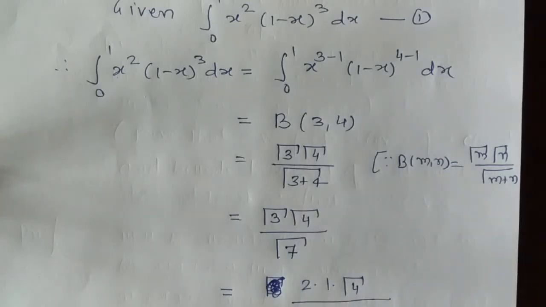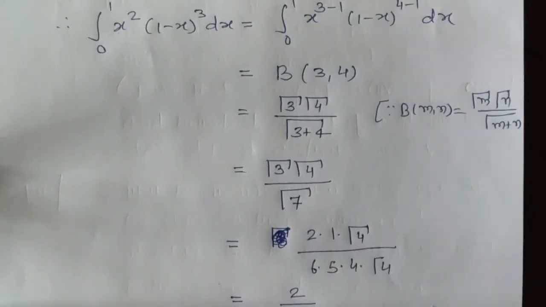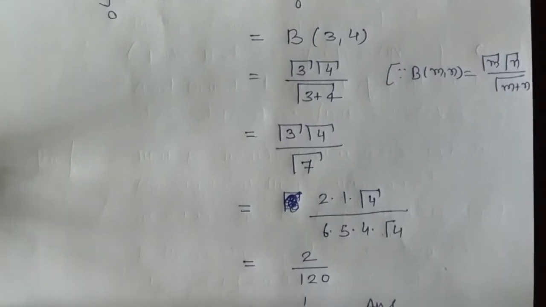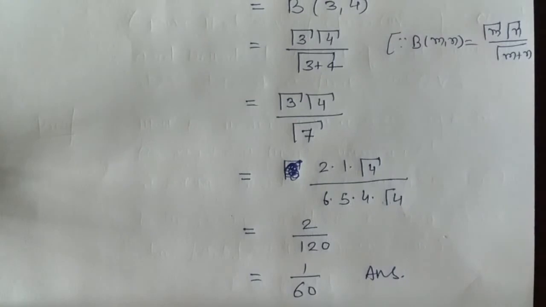Gamma 4 we write as it is, upon gamma 7. Gamma 7 is 6 gamma 6, gamma 6 we write 5 gamma 5, gamma 5 we write 4 gamma 4, by using the relation gamma (n plus 1) is equal to n gamma n. Now here gamma 4 and gamma 4 cancel. Then we have 2 upon 120, which is equal to 1 by 60. So this is the result of the given definite integral using the beta function.